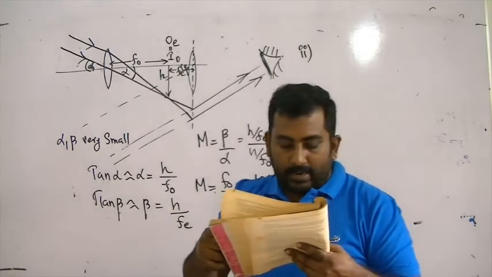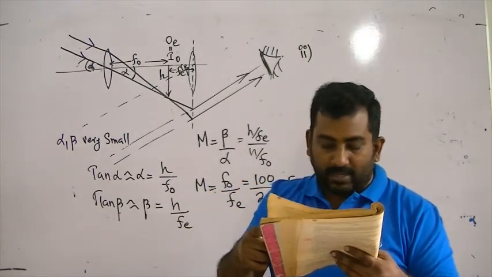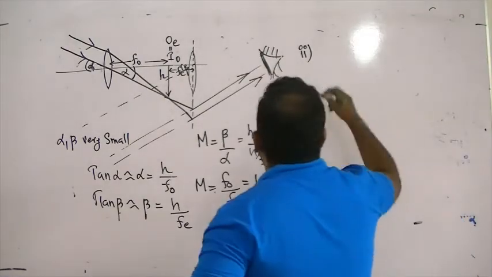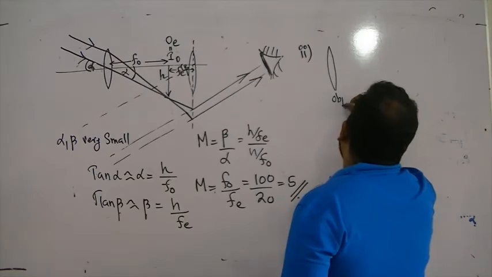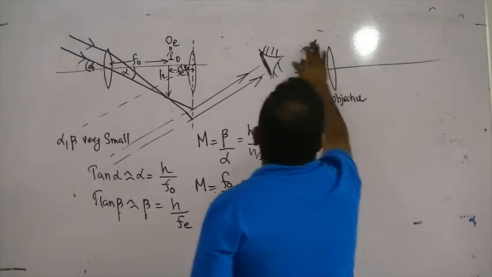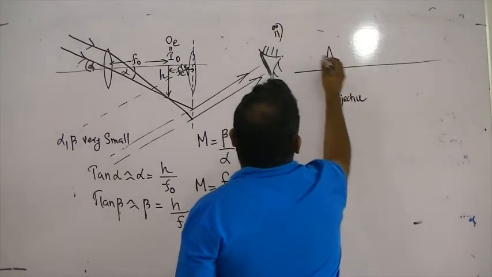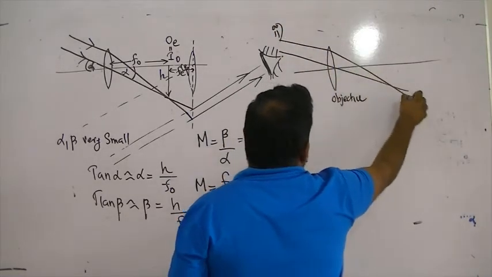Why is it convenient to use the arrangement in Roman number 2 over the one given in Roman number 1? Look at the board carefully. Objective is here. Light rays come from infinity. They converge on the focal plane.